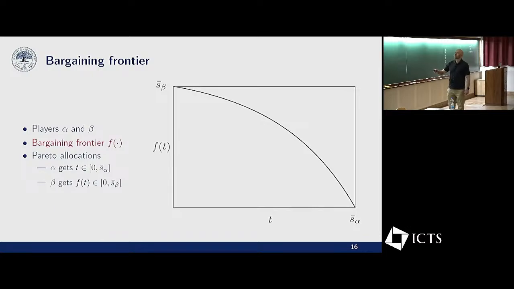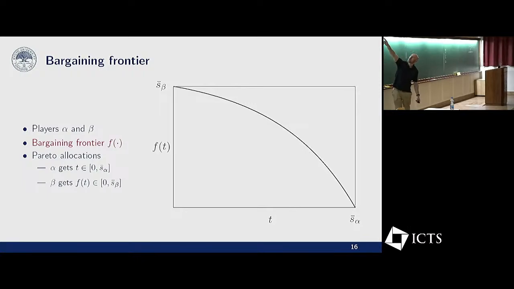And this is kind of how much beta gets, or how happy beta is with whatever they agree with. And this is how happy alpha is with whatever they agree on. So you see the best possible point for alpha would be to agree on this point here, where he got small s bar alpha, which is the most that player alpha can get out of that bargaining.